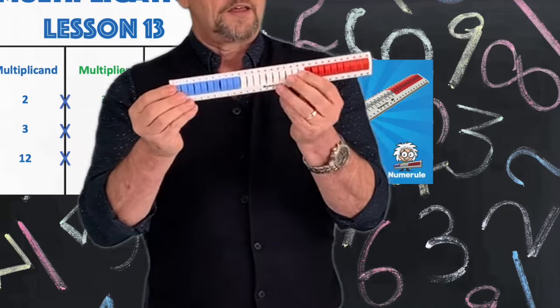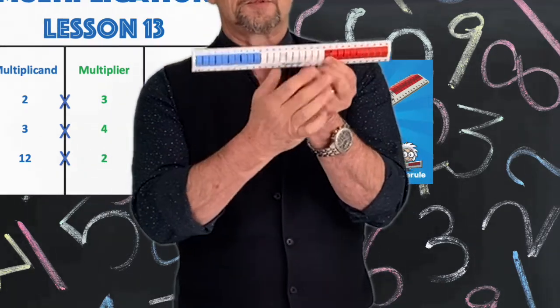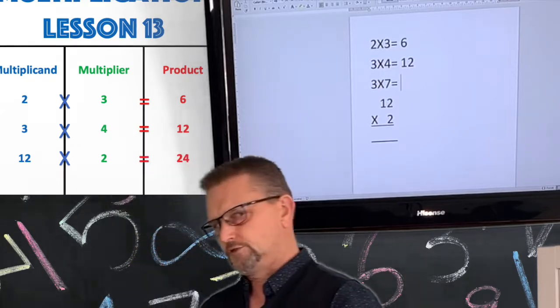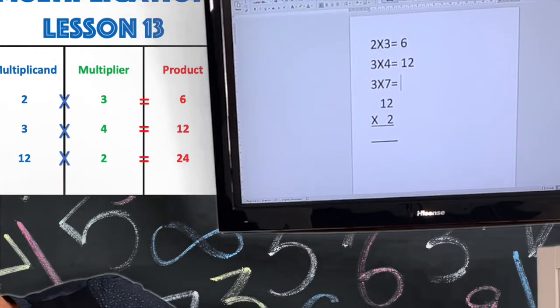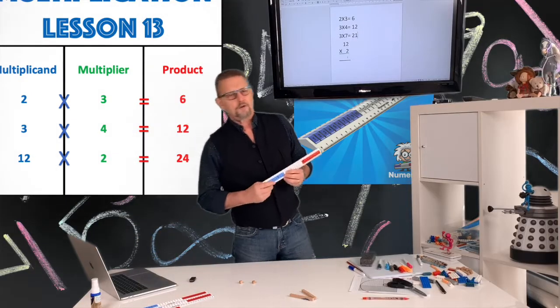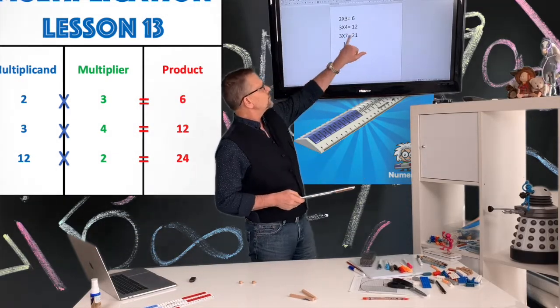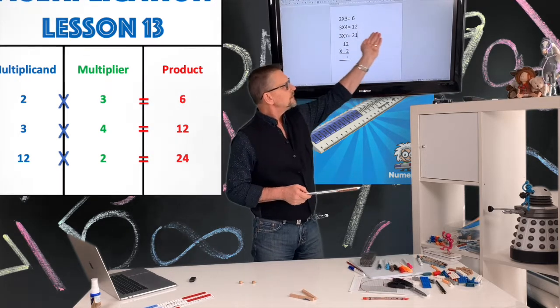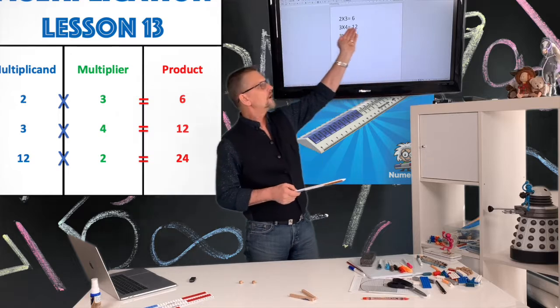Press it down, and the kids will see 3 groups of 7 being 21. Excellent. Let's put the answer up.